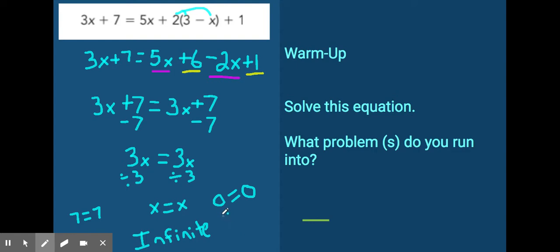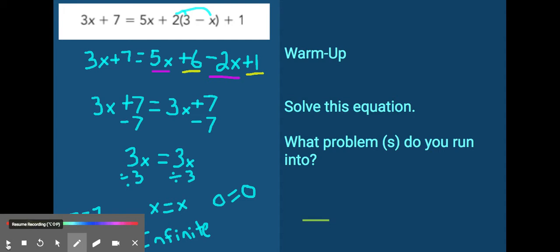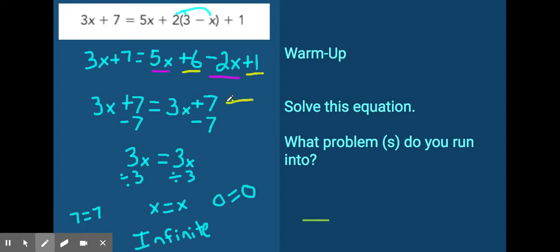Okay, does that all make sense as to why there's infinite solutions for this problem? Now, a lot of times people will identify that it has infinite solutions when they get to a situation right here.